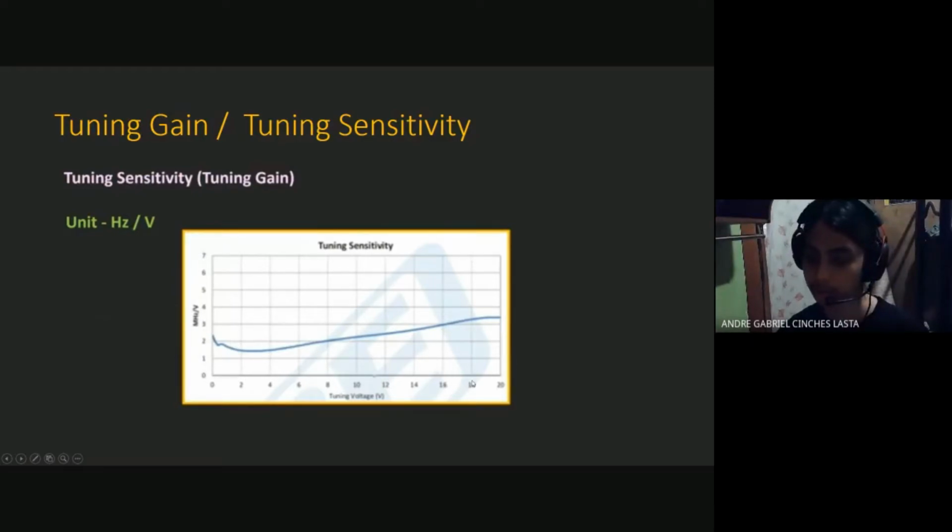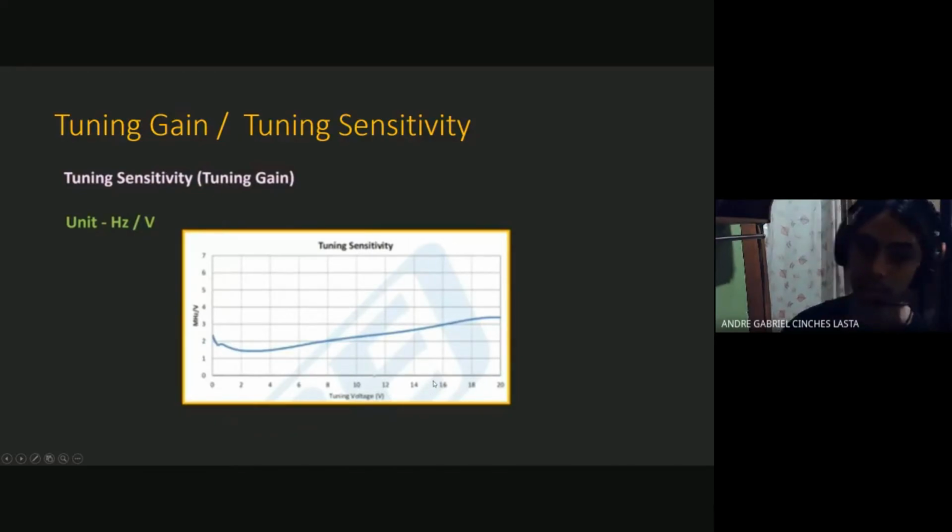And when we increase the control voltage all the way to 20, we can see that the tuning gain, the tuning sensitivity is already somewhere around 3.5. So comparing that, start at 1.5 all the way to 3.5. So we can see that the tuning gain really does change with respect to the control voltage used.